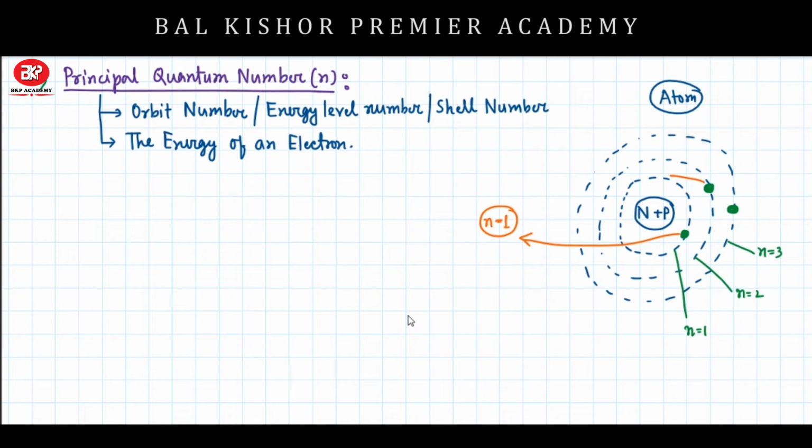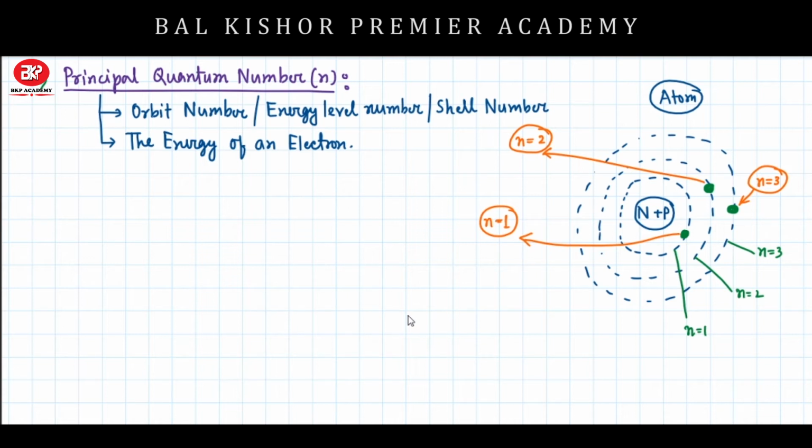For the electron residing in the second energy level, the principal quantum number n will be equal to 2, and for the third one the principal quantum number will be n equals 3. Hence the principal quantum number is nothing but the energy level number or shell number.